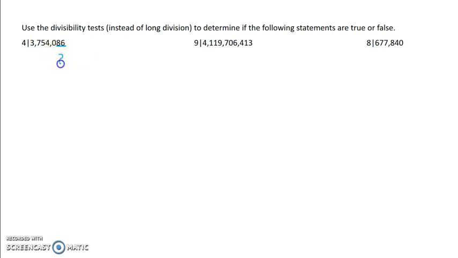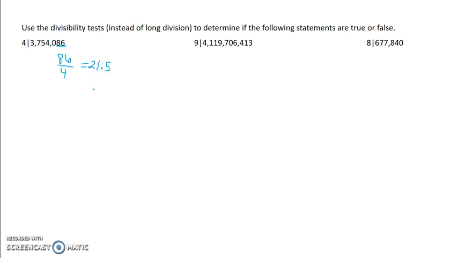So we ask ourselves, can I divide 86 by 4? And when I divide 86 by 4 on my calculator, I get 21.5. So that does not divide evenly.